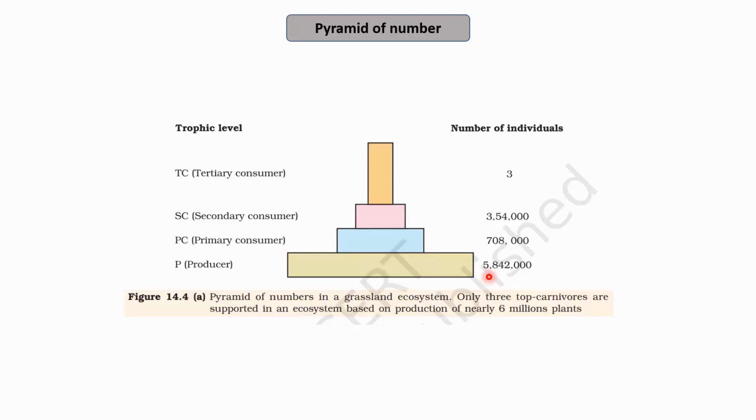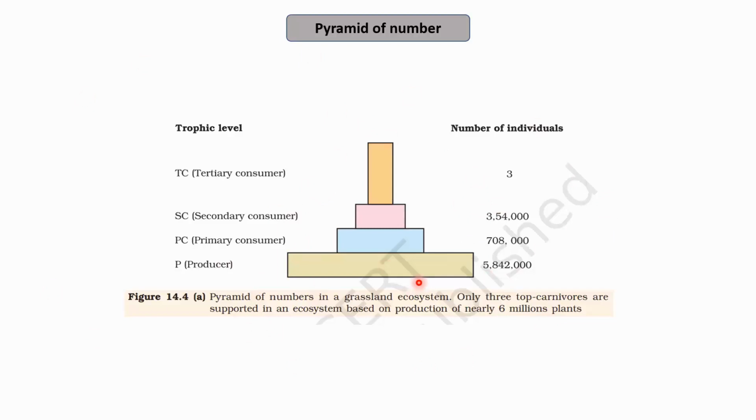I am telling this because later in this lecture we will learn about a different kind of pyramid, known as the inverted pyramid, where the base is narrower compared to the apex. It is very important to understand that this particular pyramid is an example of a grassland ecosystem.